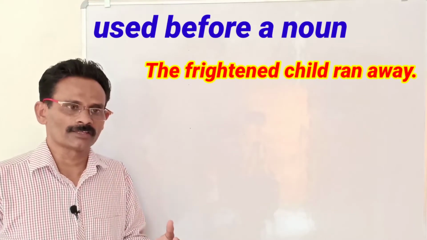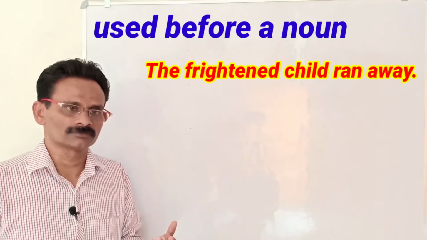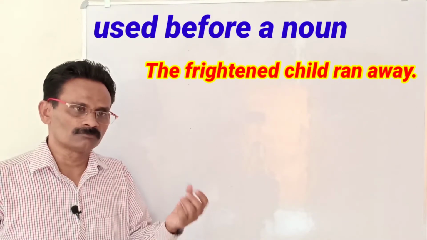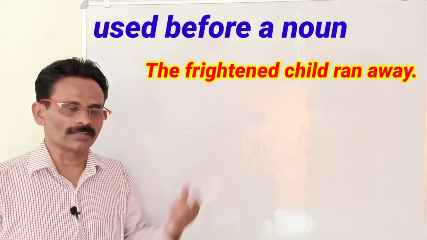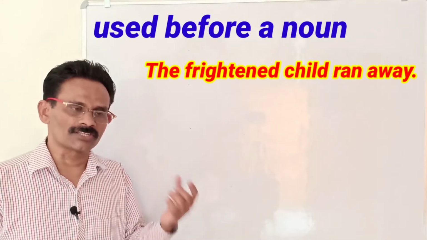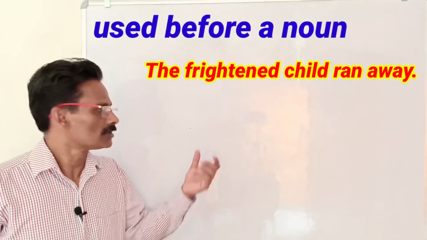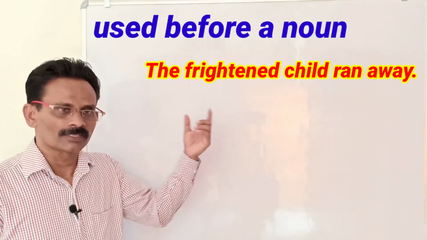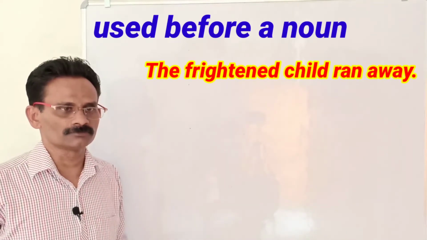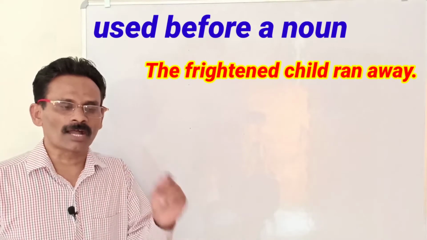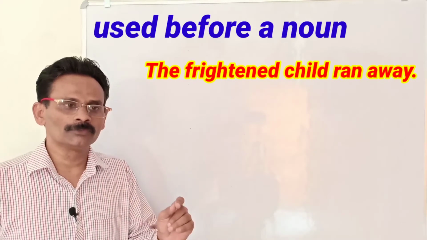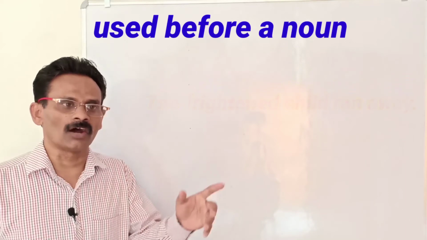When we say smart child, the word smart modifies the child. Smart is an adjective. In the same way, past participle here is used as an adjective. Thus, a past participle can be used before a noun.